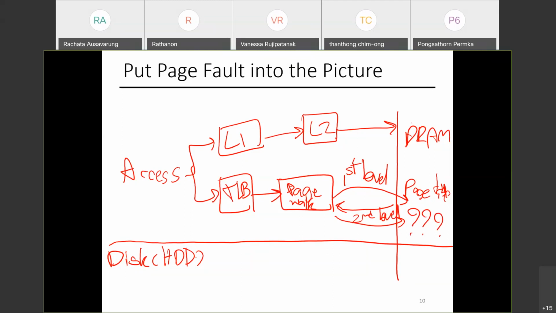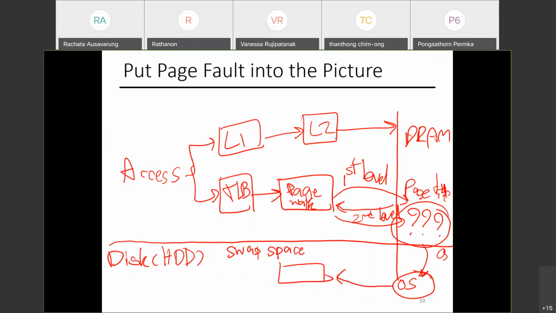The valid bit will be 0. It just tells you the data is not in DRAM. So what happens here? You have this area called swap space, and it would tell the OS to go get that page inside the swap space and put it in my DRAM here.